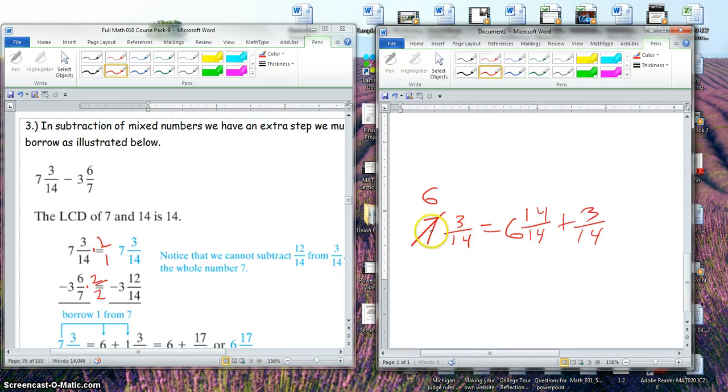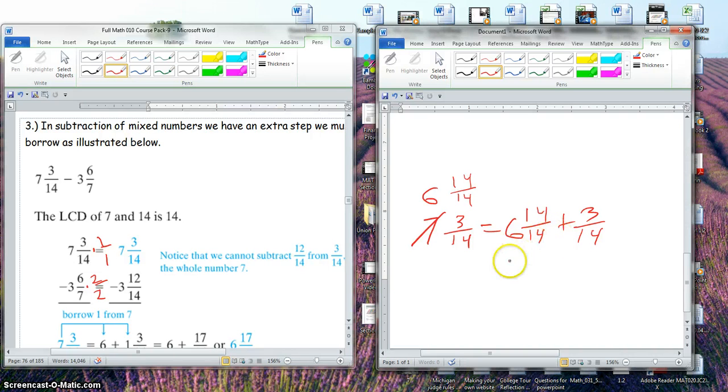So the 1 we have with the 6 becomes 14 over 14. Now, 6 and 14 over 14 is really just 7, because 14 over 14 is 1, plus 6 is 7.